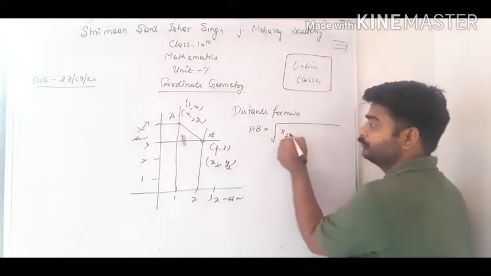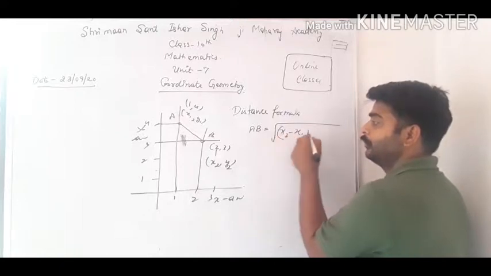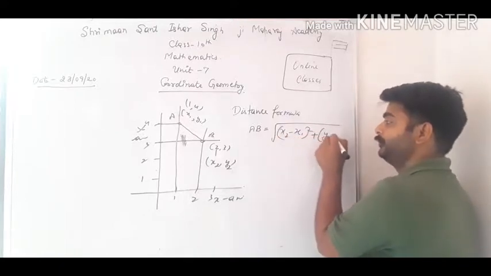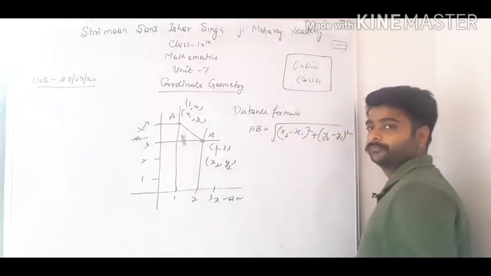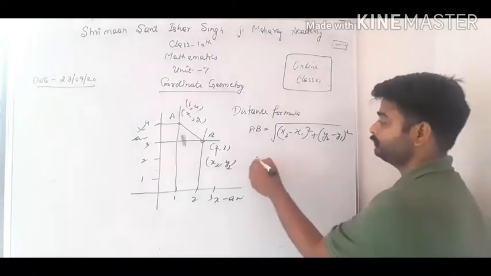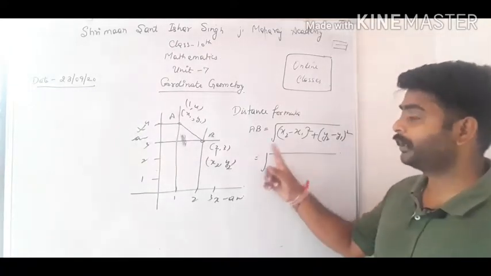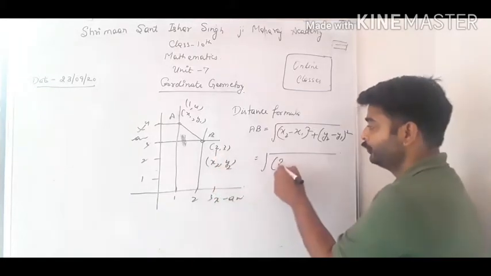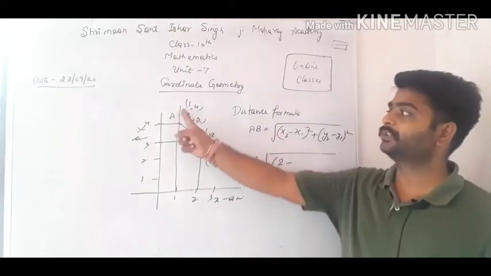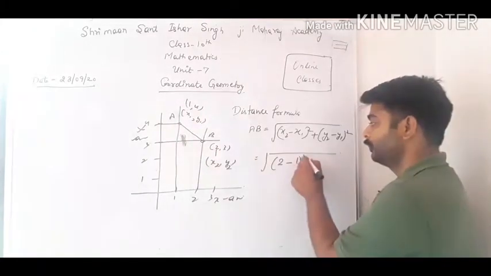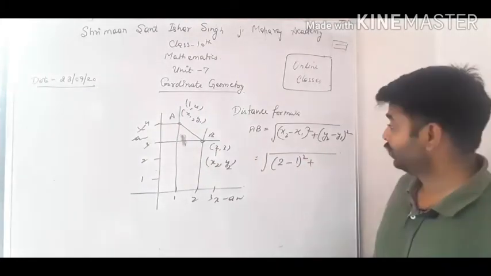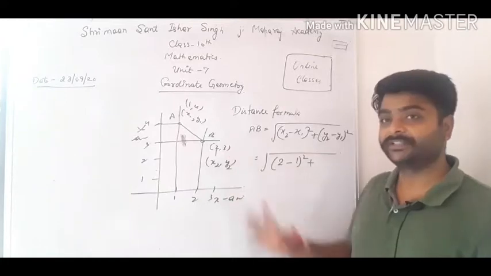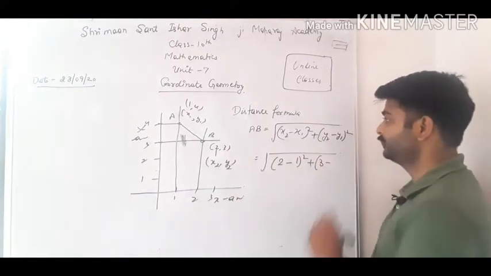So x2 minus x1 whole square plus y2 minus y1 whole square. Got it class? Now what is x2? x2 is 2, so 2 minus x1, x1 is 1, whole square, plus y2, which is 3, minus y1.